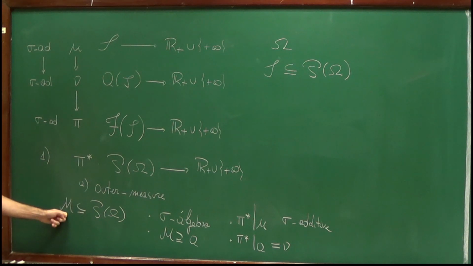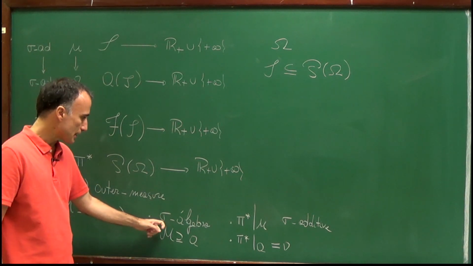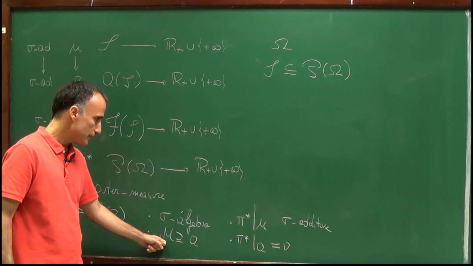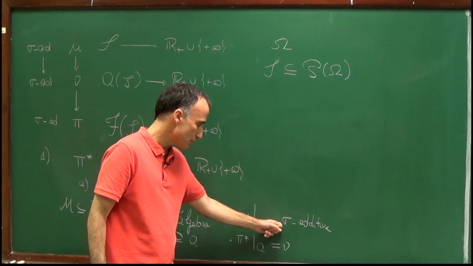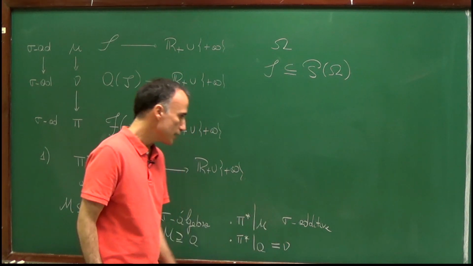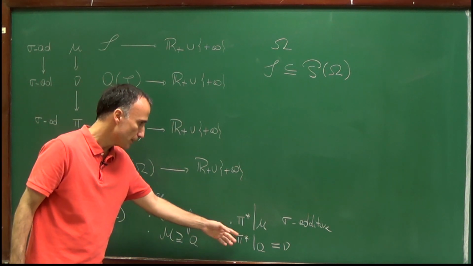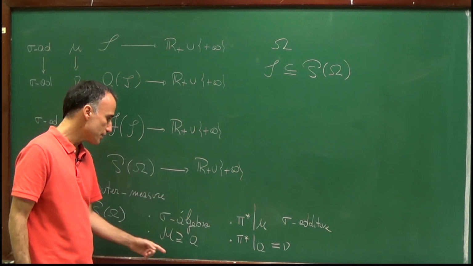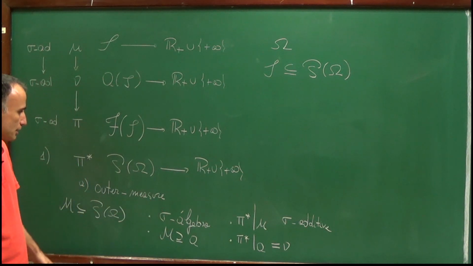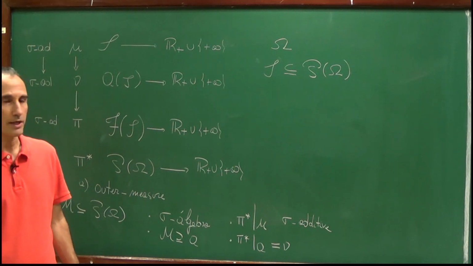Then we will introduce a class of subsets of omega. We will show that this class forms a sigma algebra, that it contains the algebra, that P star restricted to this class is sigma additive, and that P star restricted to the algebra is equal to nu, and that therefore P star restricted to M is an extension, and that this extension is unique in the sigma algebra generated by the algebra under certain additional conditions. So this is the plan of the lecture today.